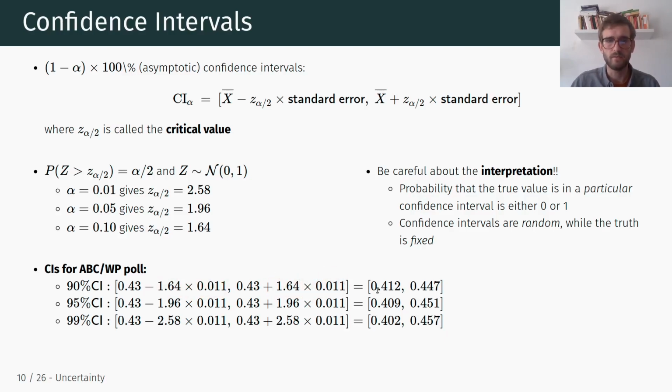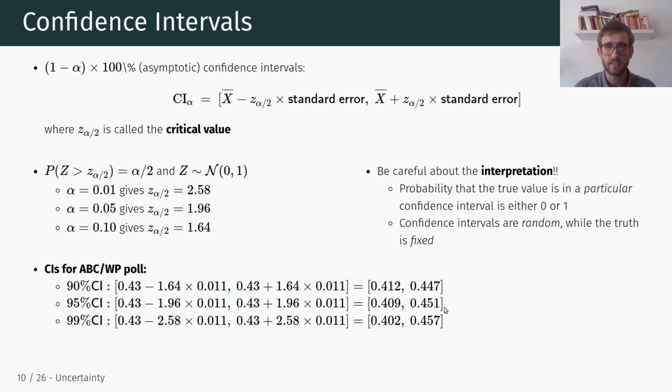Right, so the 95% confidence interval for our Trump support based on the ABC Washington Post poll is 0.409 to 0.451, right?